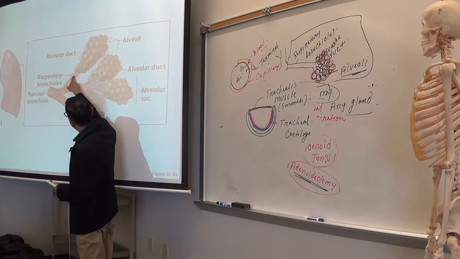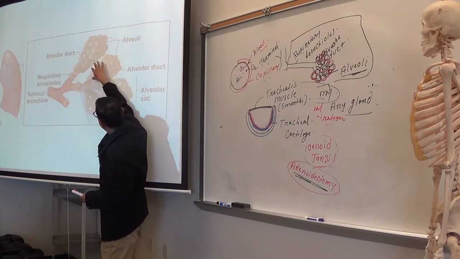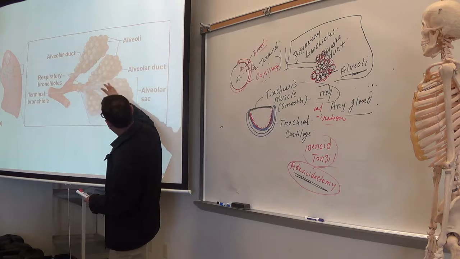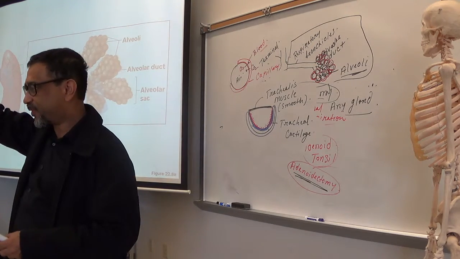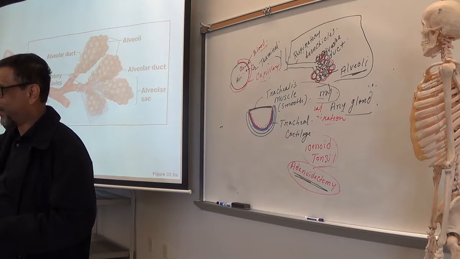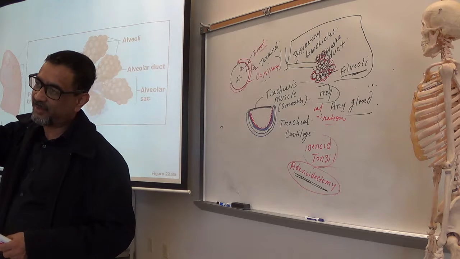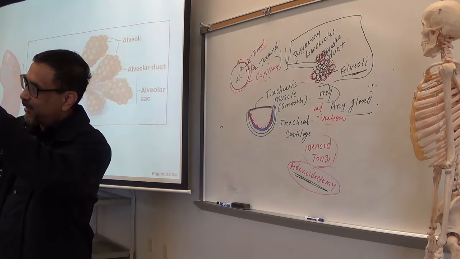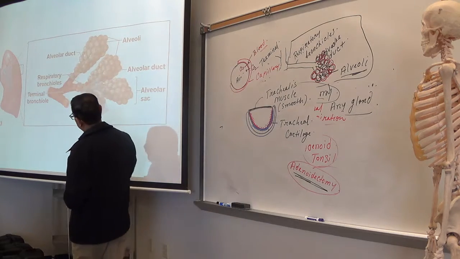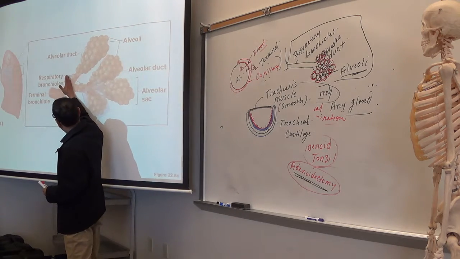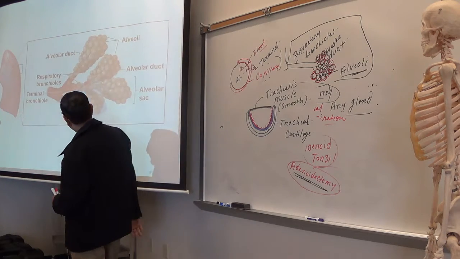Respiratory bronchioles, alveolar ducts, and alveoli. Alveoli form clusters, like when you buy grapes, you've seen the grapes are together, right? So alveoli are like this, attached to the ducts, like grapes. And so these 3 parts. This is terminal bronchiole, conductive zone before that. Okay.